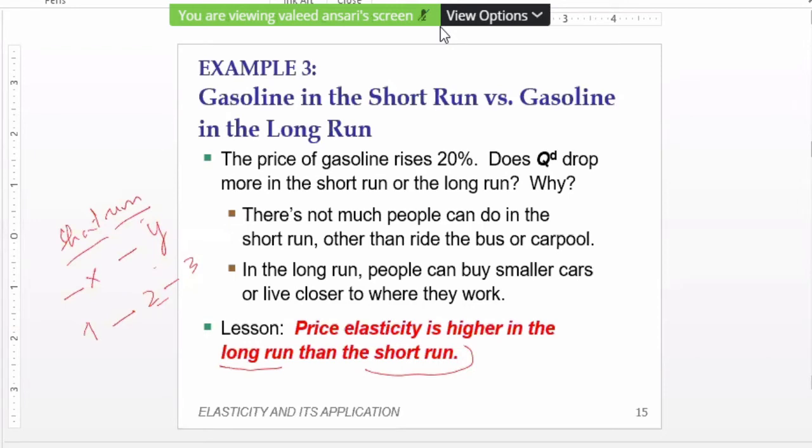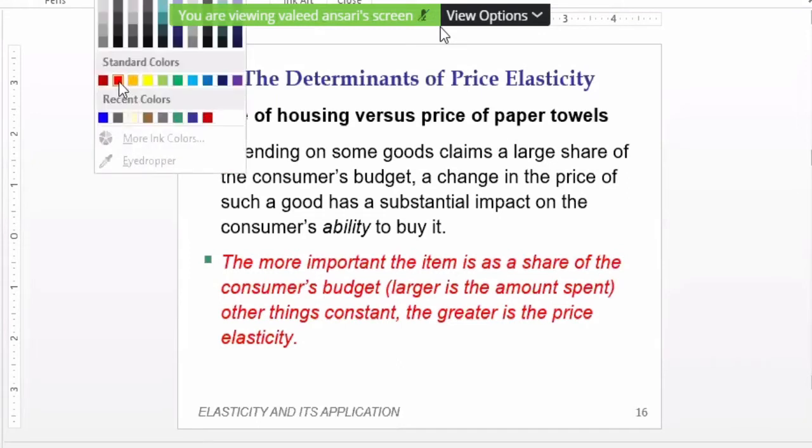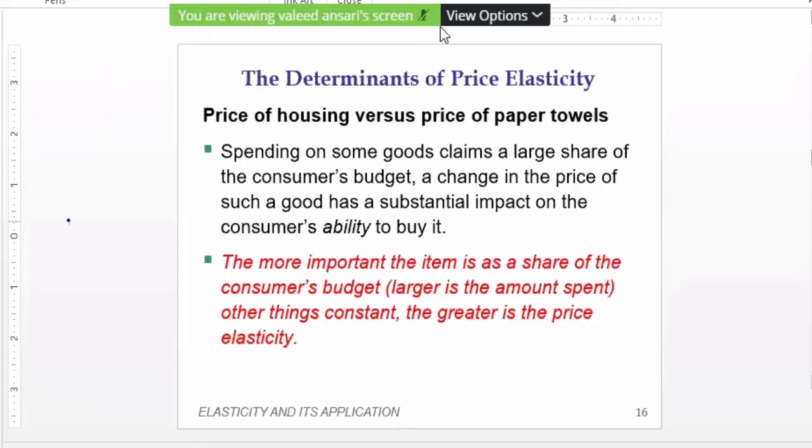Then another important factor which affects elasticity is how much you spend on that good. What is the proportion of money which is spent? If a minuscule or negligible amount is spent, people may not bother. So what is the share of the consumer budget?